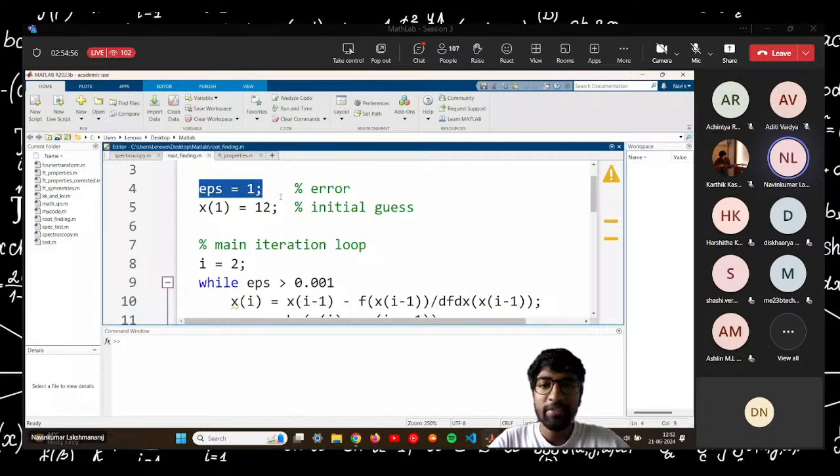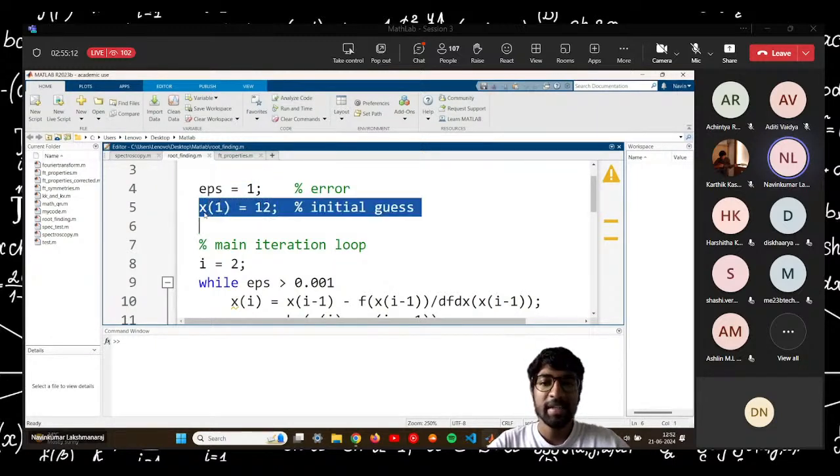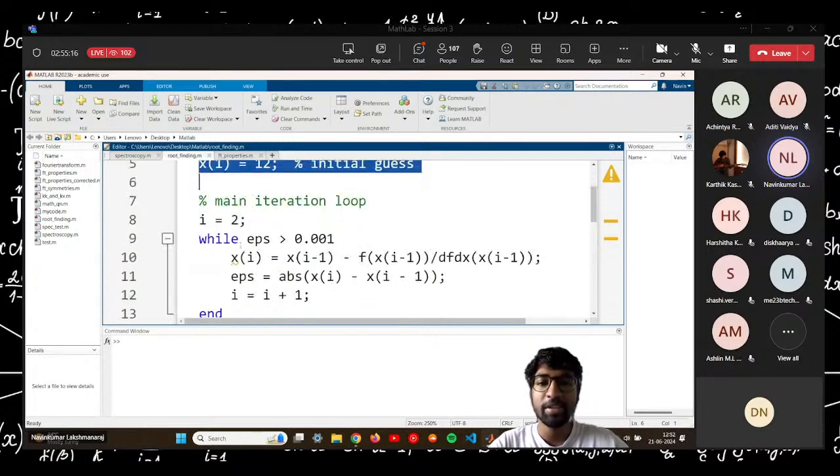First, I have a term called epsilon. It's not used for calculating the error, but it's a good estimate of the error in an iterative procedure. So what we first do is let x of 1 be 12. That's our initial guess. Then I have an iteration going on.